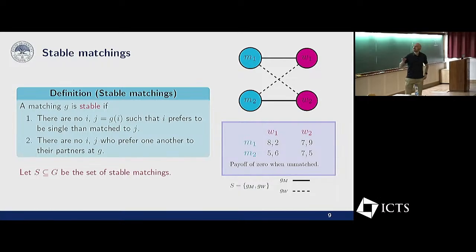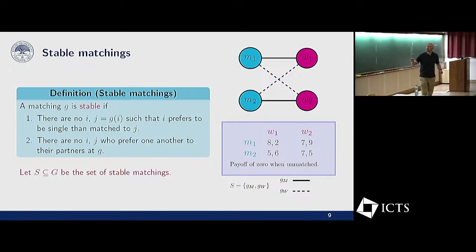A matching G is stable if there are no players who are matched to one another at G, so J is the partner of I, such that I prefers to be single rather than matched to J. So there are no people who are together where one of them would rather be single than matched to the other one, because that wouldn't be stable, because they could leave.